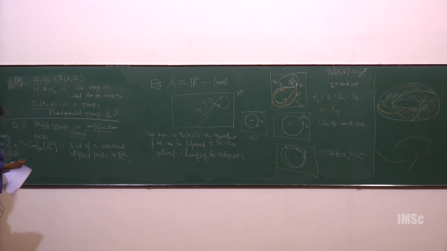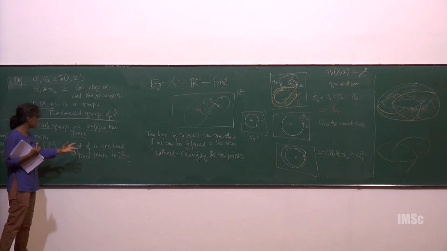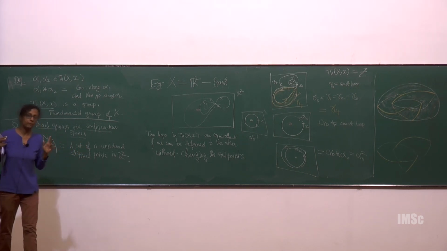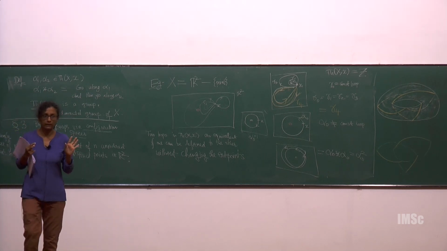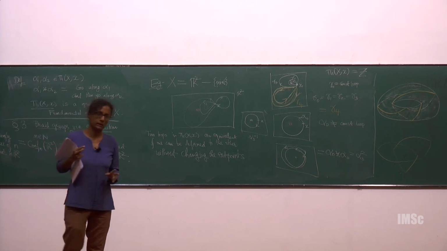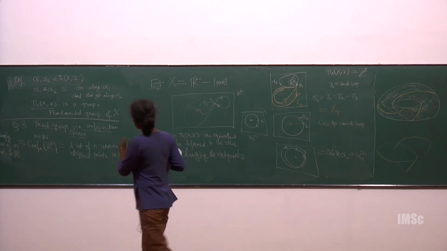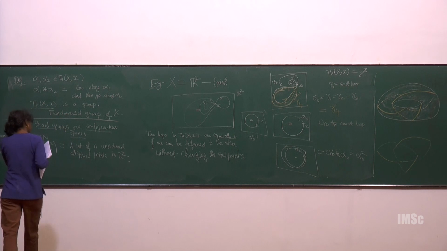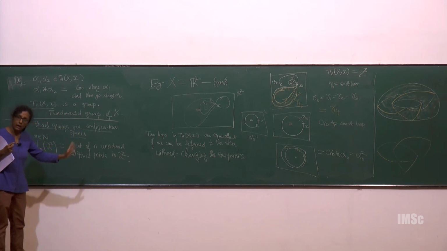Okay, so you can think of this as a set of n points. In a set, an order doesn't matter, right? If I have x1, x2, x3, I can write it as x2, x1, x3. It is the same set. So you can literally think of this as a set of n points in R2.